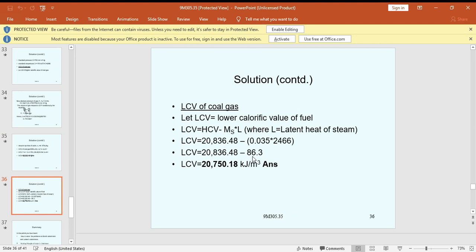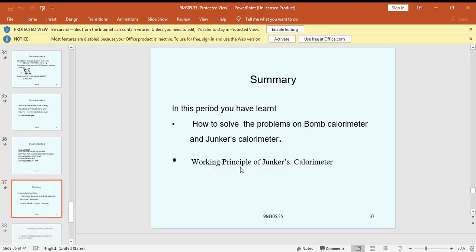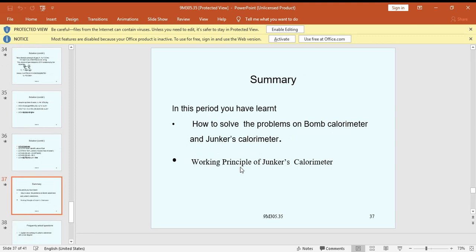LCV equal to HCV minus MS into L, where L is the latent heat. 20,836.48 minus 0.035 into 2400, that is 20,836.48 minus 86.3. LCV equal to 20,750.18 kilojoule per meter cube.